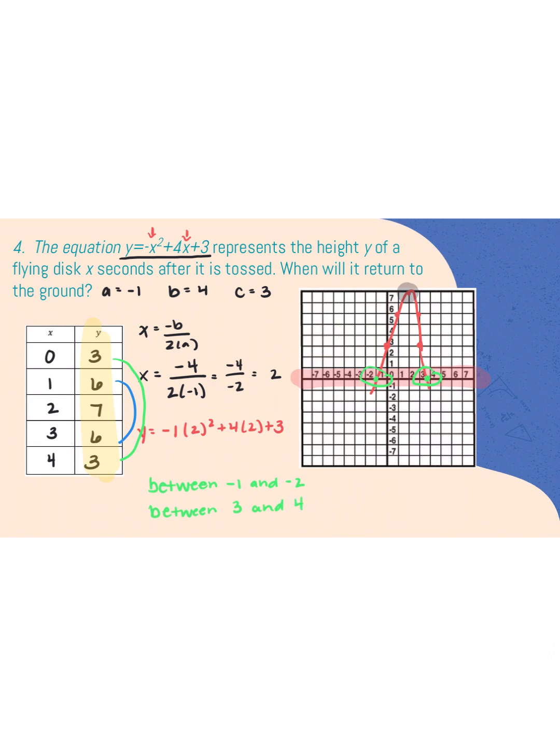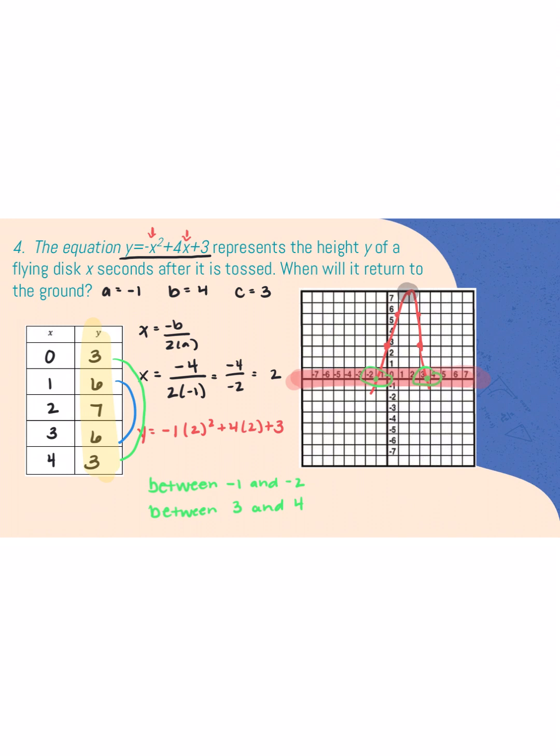Okay, well, if this is talking about seconds and it's asking when will it return to the ground, well, we're going to use this as our ground. So this little bottom piece right here, this is our ground level. Okay, when will it return to the ground? Between -1 and -2, that's talking about seconds.